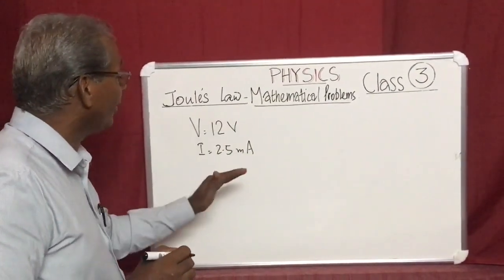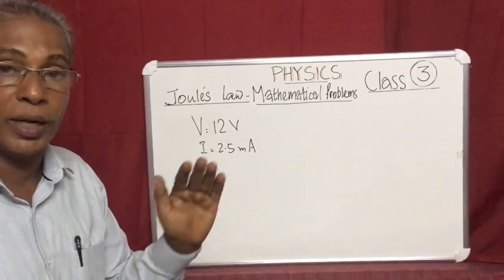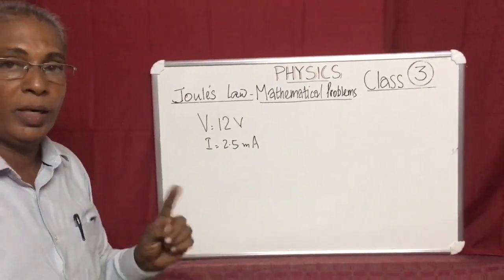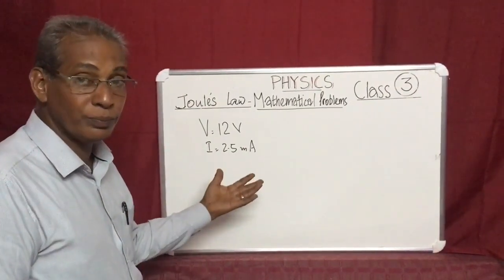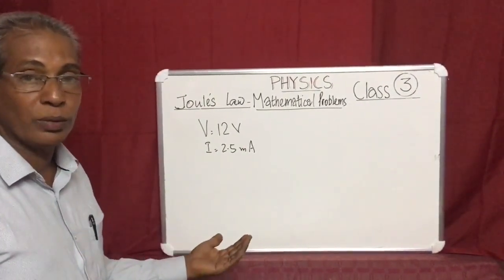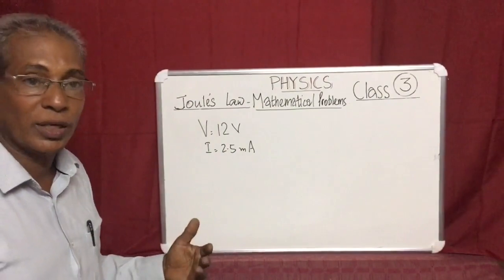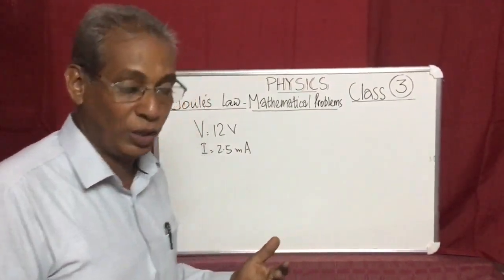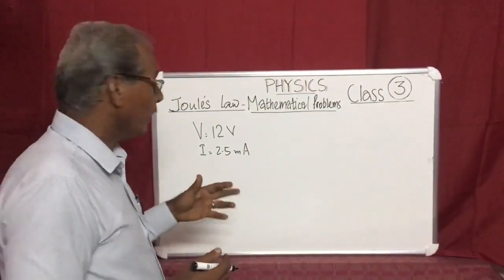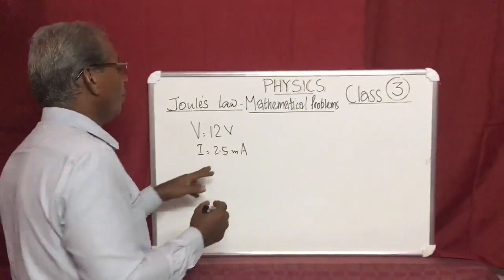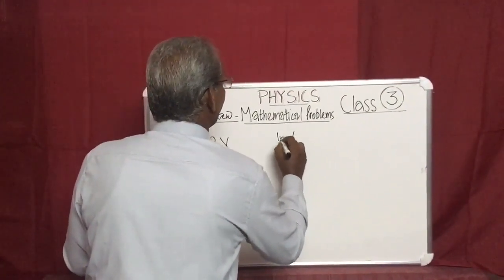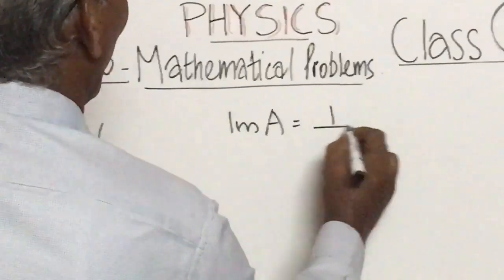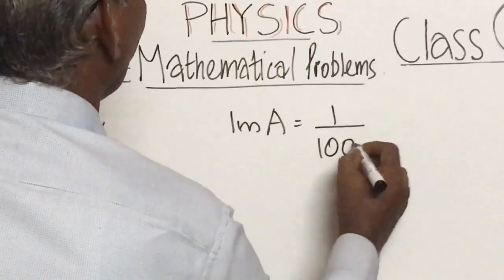We have to write the fundamental unit of current, which is not milliampere but ampere. So we have to convert milliampere to ampere. How? You should know the relationship. Milli is nothing but 10 raised to negative 3 of something. So 1 milliampere is equal to 1 by 1000 ampere.